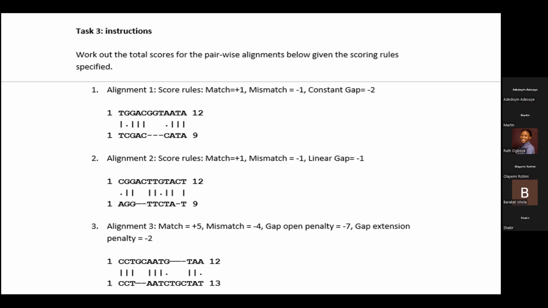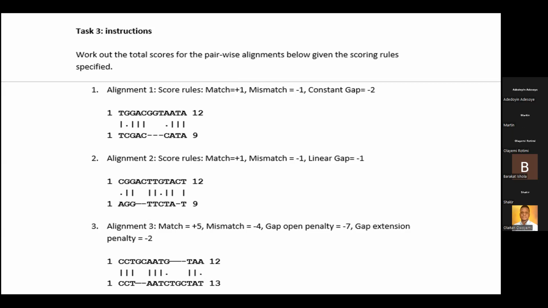So we are only calculating the extension penalty. We use 0 as our opening gap because we don't have any, plus the extension penalty, which is minus 2.